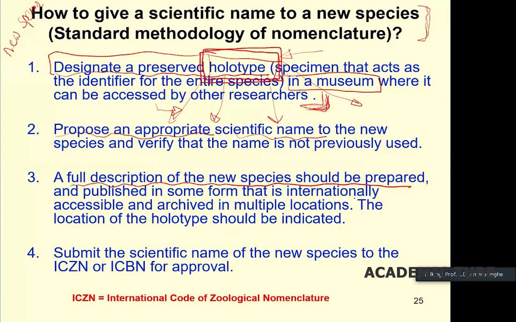It is either in an internationally accepted forum, conference, or printed journal, so that everyone knows after referring to this publication that this particular species was found by so and so and given this name. Then the scientific name of the new species has to be submitted to the ICZN if it is zoology, that is the International Code of Zoological Nomenclature, for approval.